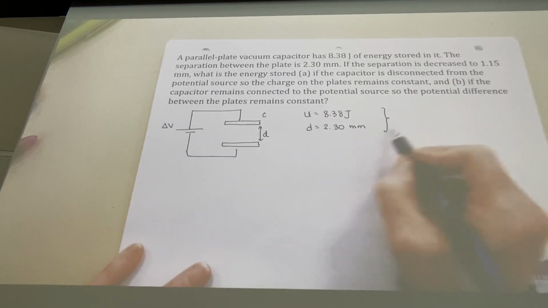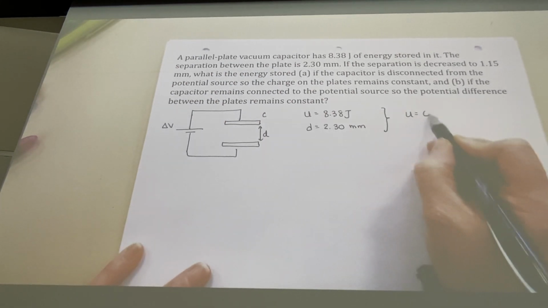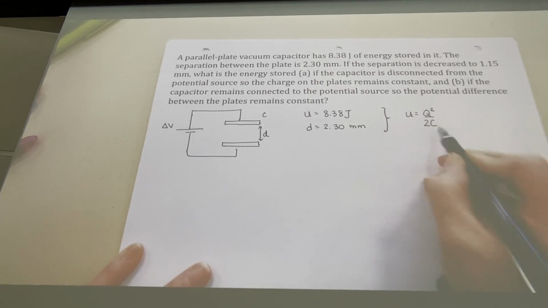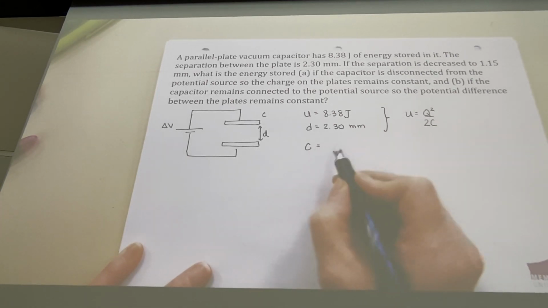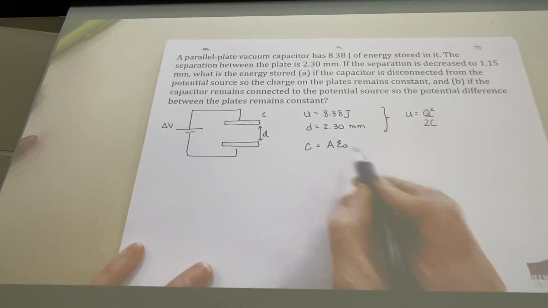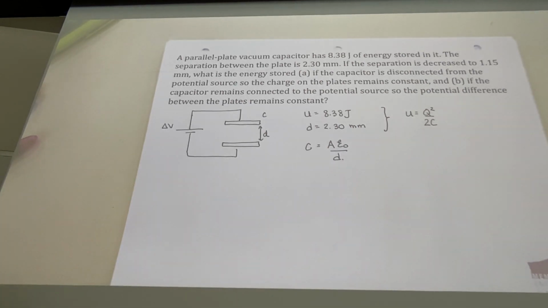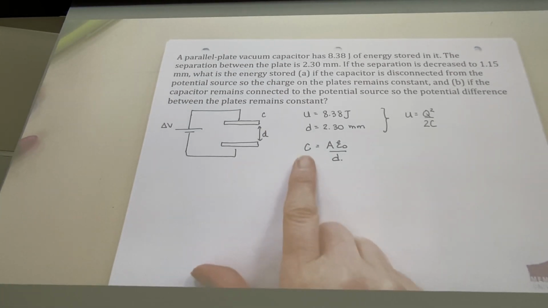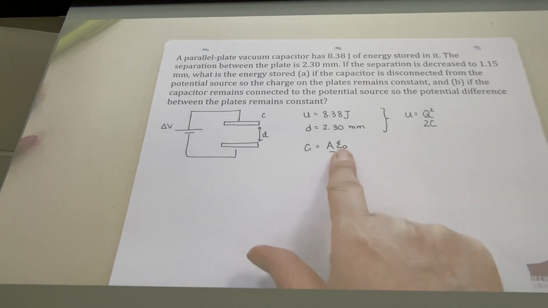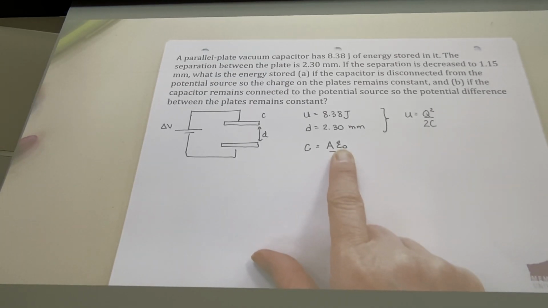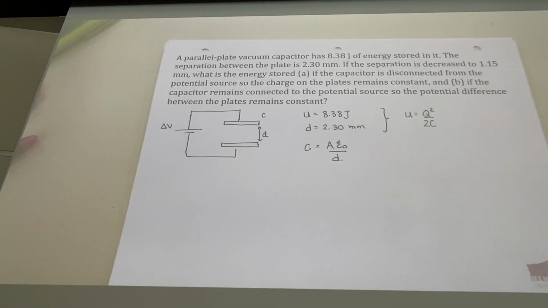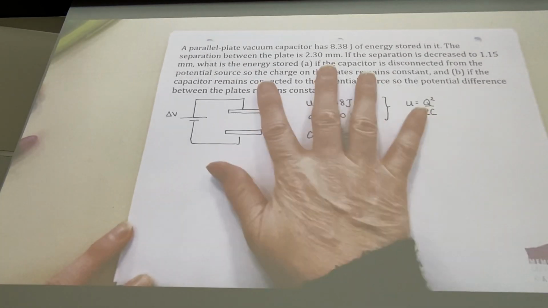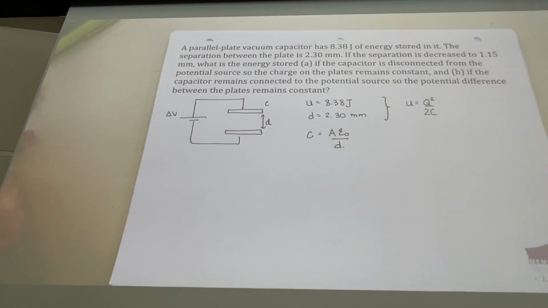Our previous slide told us that potential energy was Q squared over 2 times C. Our capacitance in general is A times epsilon naught divided by D. If this problem were changed to have a dielectric in it, the only thing that would change is that C would be A times epsilon, where epsilon is a dielectric constant times epsilon naught, divided by the separation. Okay, so there's our foundation, there's our fundamentals.